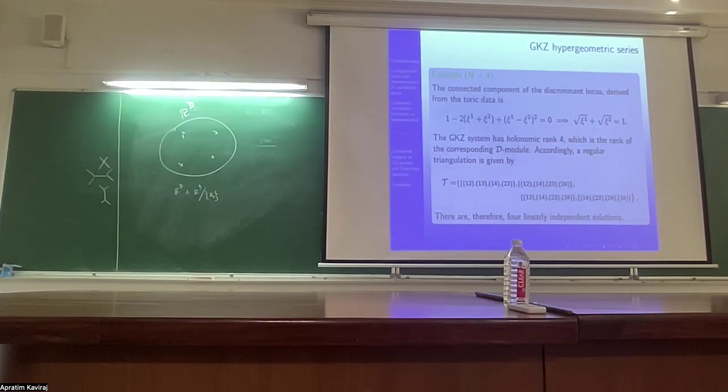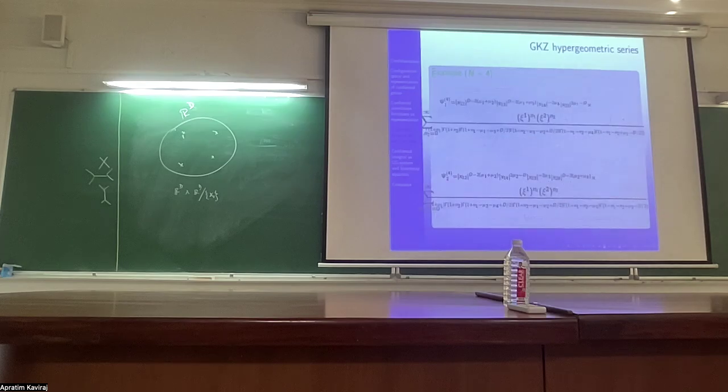You can check again using Macaulay that you have 4 independent regular triangulations, and correspondingly there will be 4 linearly independent solutions. These are the solutions, and according to the criteria they are not very simple. But I don't even want you to look into this part.